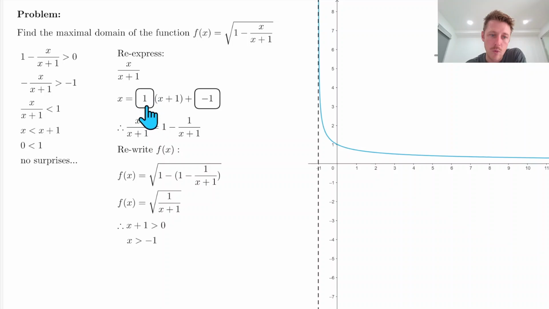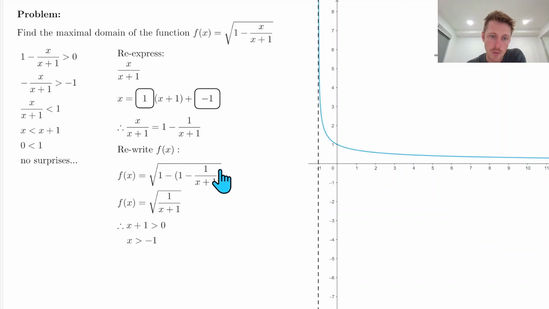We're going to be left with 1 minus, okay, this 1 here is going to be divided by x plus 1 because we've divided the right-hand side by x plus 1. And then we now know that x on x plus 1 is the same thing as 1 minus 1 on x plus 1. So we're going to rewrite f of x with our re-expressed form. So we get f of x equals the square root of 1 minus 1 on x plus 1.